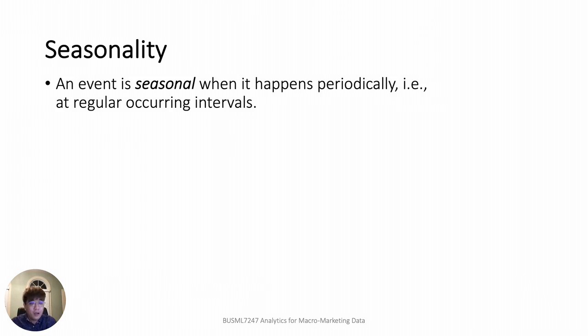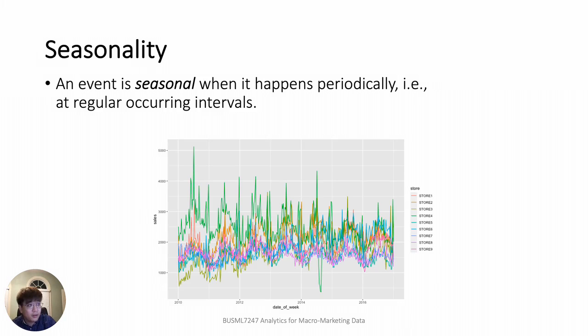The concept of the fixed effect is useful to control for seasonality. Seasonality is defined as follows. An event is seasonal when it happens periodically, that is, at regular occurring intervals. For example, this is beer sales data across 9 different stores.